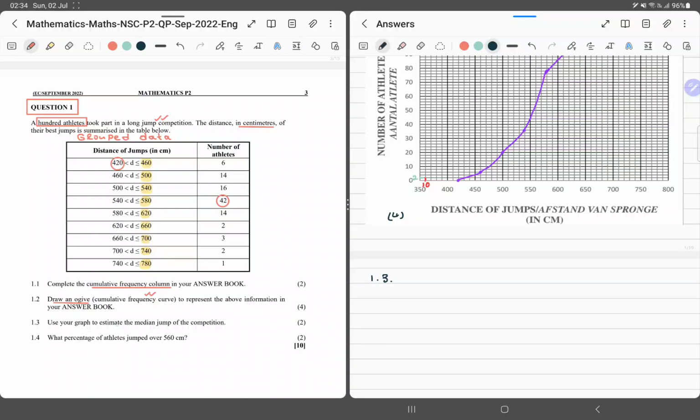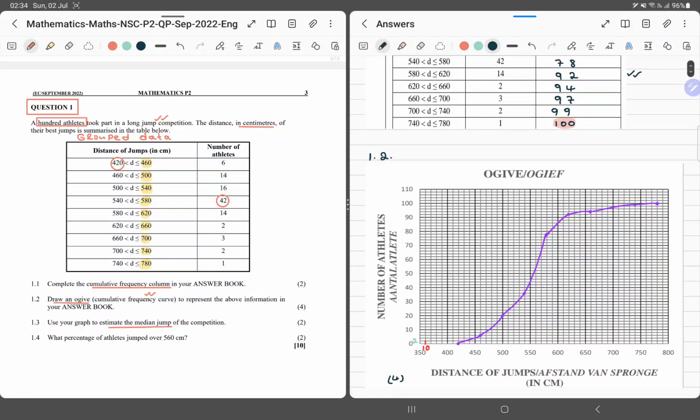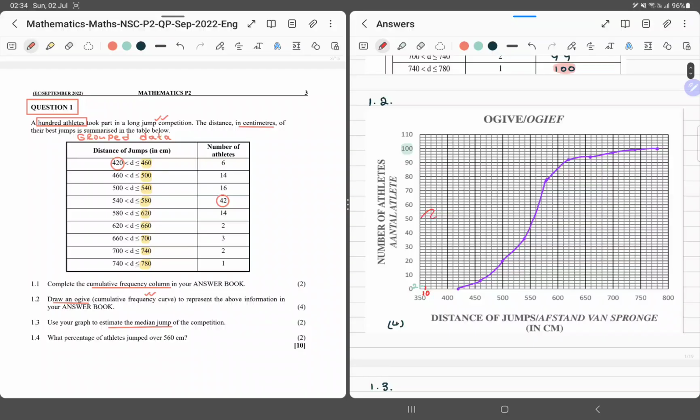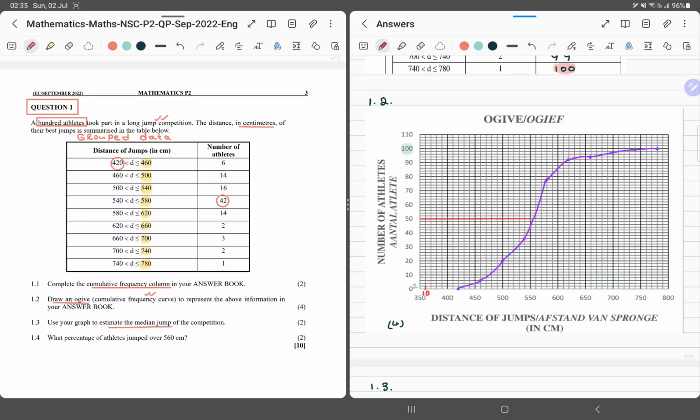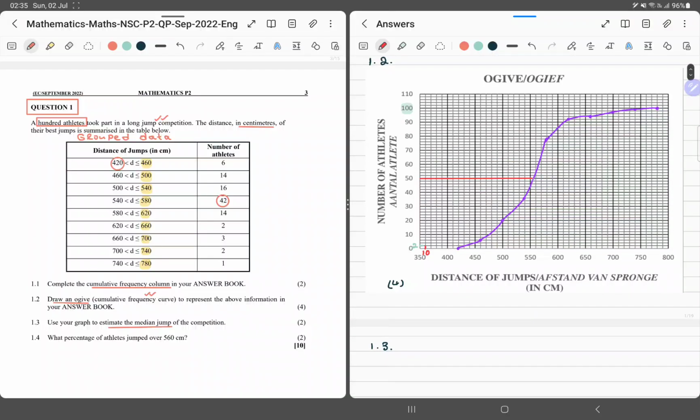1.3 says, use the graph to estimate the median jump. Okay. So we always know that we take it from the top. So we've got 100 athletes, so half of them are going to fall on 50. So we just take it to the graph, and then we read it down.